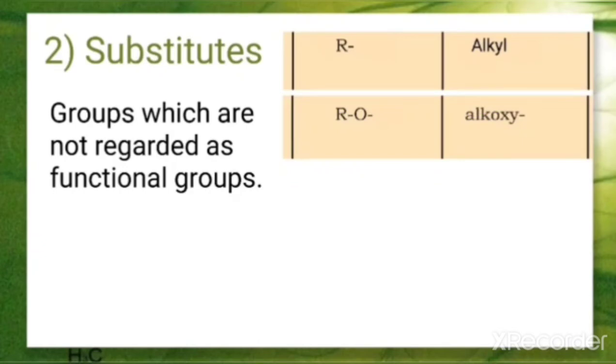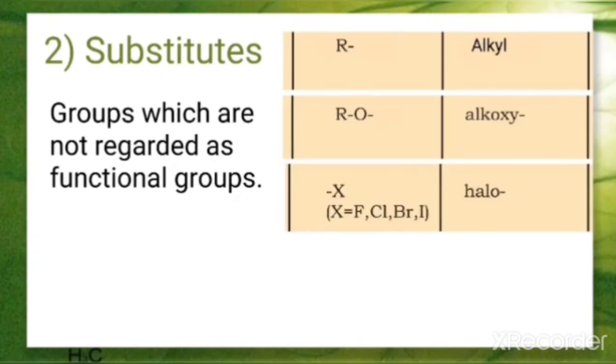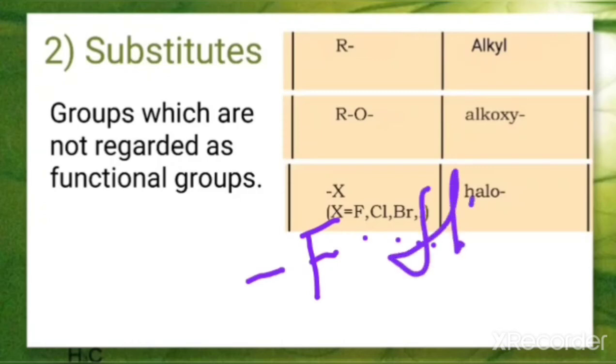The next substituents are the halo groups. Halo group means the halogen groups are called halo groups. If the organic compound has fluorine, that is a halo group, attached to the organic compound, then it is called fluoro.